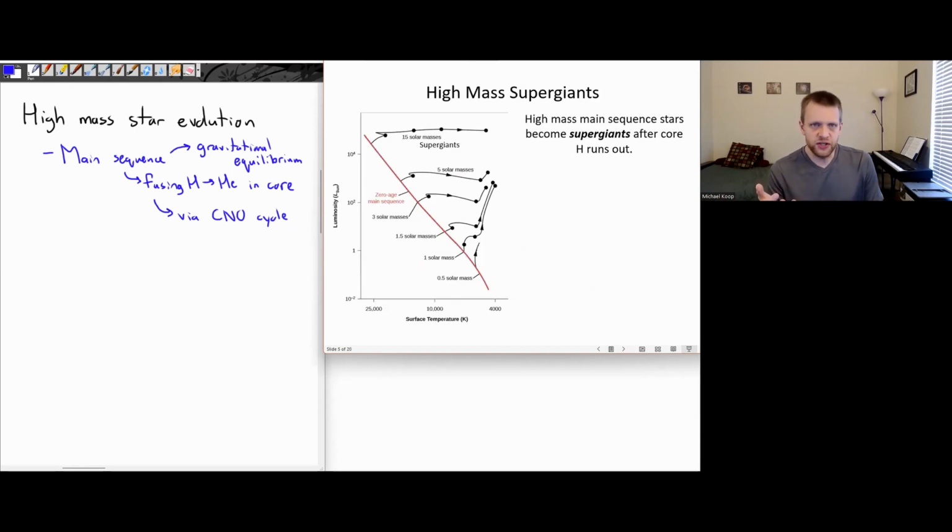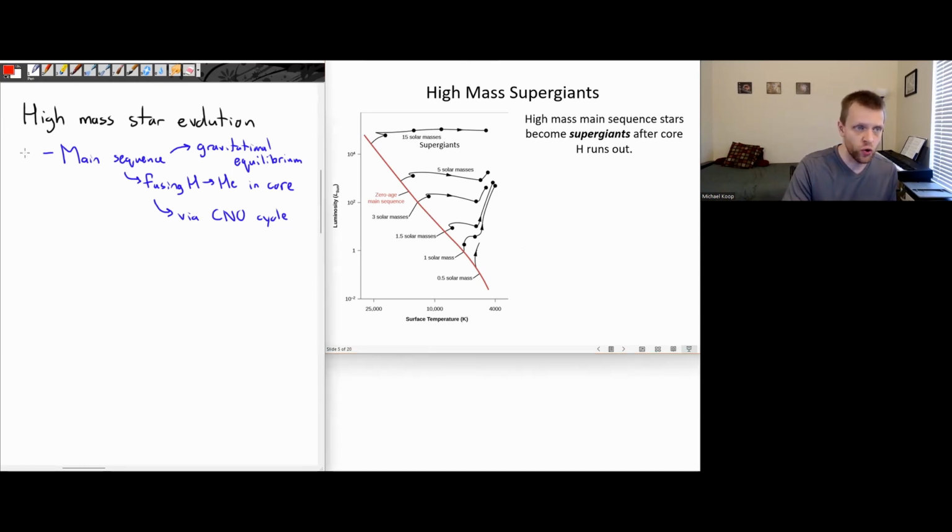These high-mass main sequence stars are fusing hydrogen into helium in their cores, but they're still going to run into the same problem that our low-mass stars ran into. Eventually, the core is going to run out of hydrogen. So when the core runs out of hydrogen, it's going to turn into a supergiant.